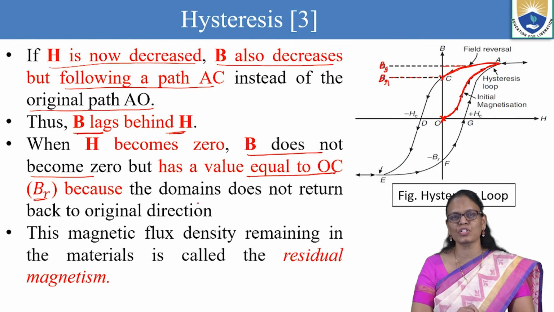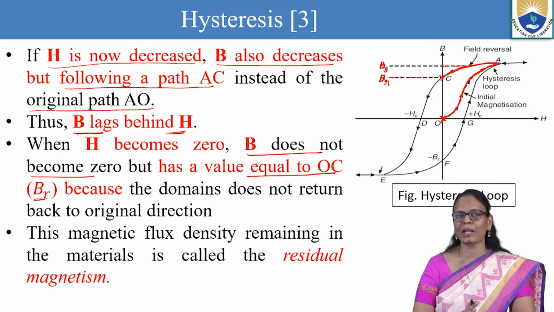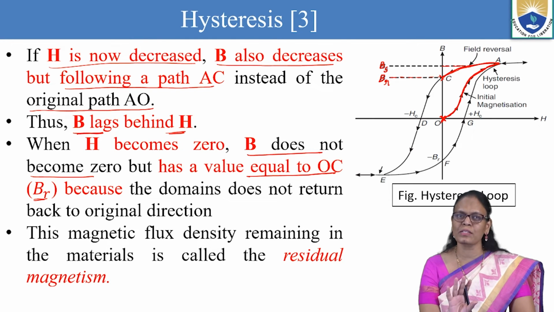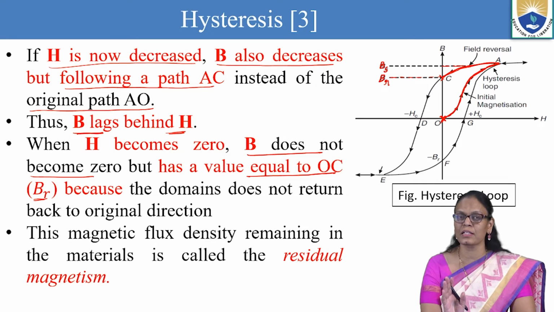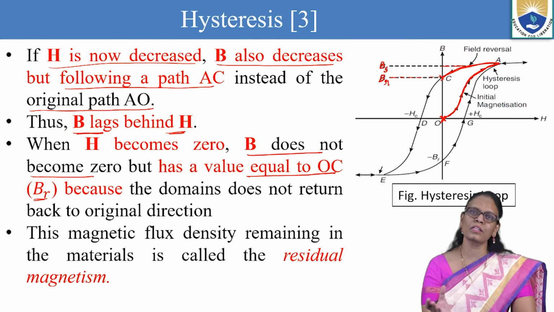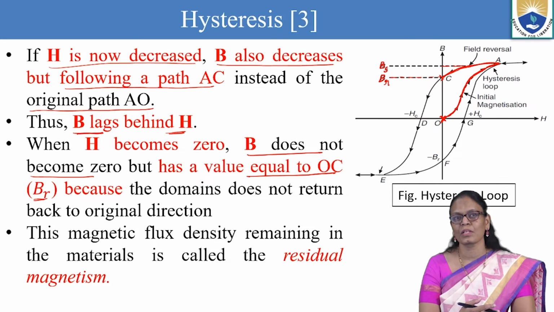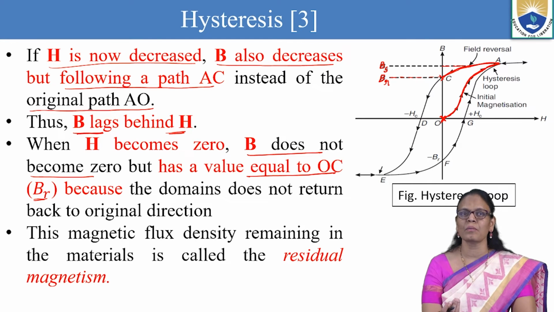When we saw the domain theory, on application of the magnetic field, the domains start orienting in the same direction as that of the applied field. But now when we are withdrawing the magnetic field, all the domains will not come back to their original position. They will still take some time to come back. That is why there is still some magnetism left in the material.